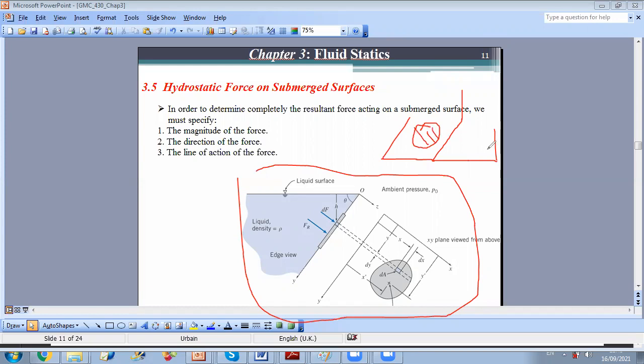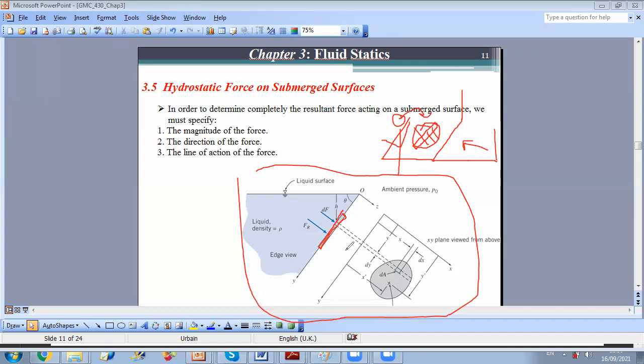If I look from here, if I do a projection from here, a side view, when you project you will just see a slim line. Okay, so you will see your surface like this. Whereas if you look from the top on your plane, you will see this. Okay, so here we have the side view and the top view.